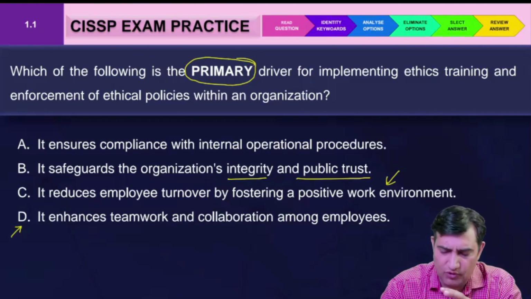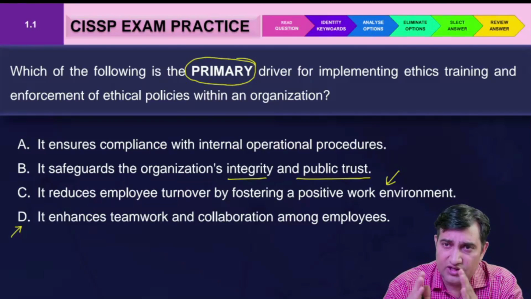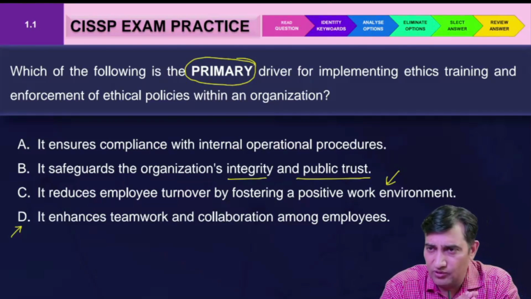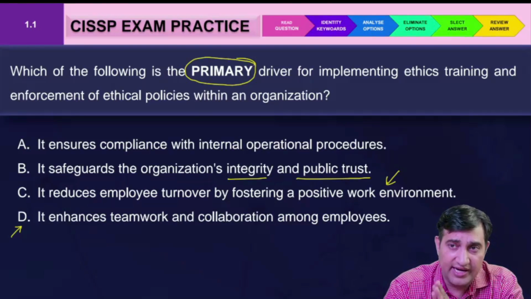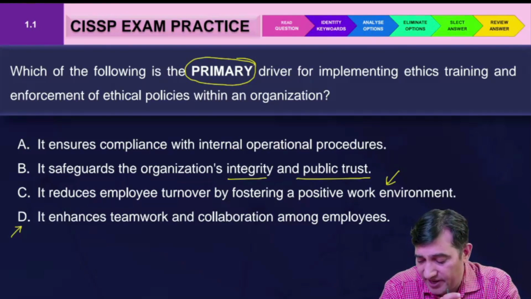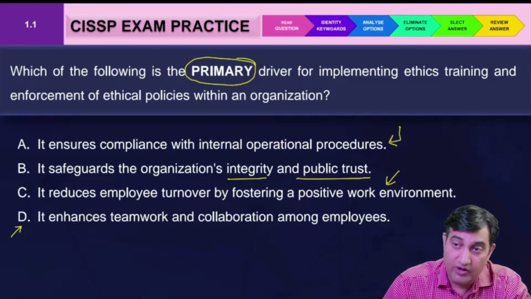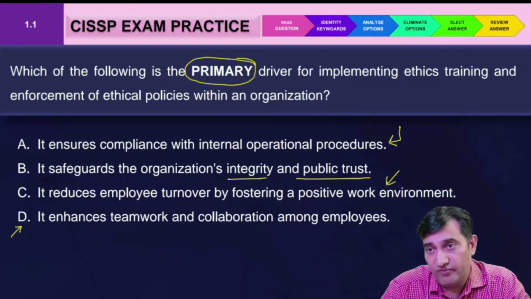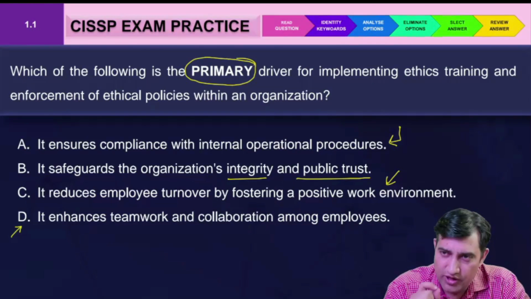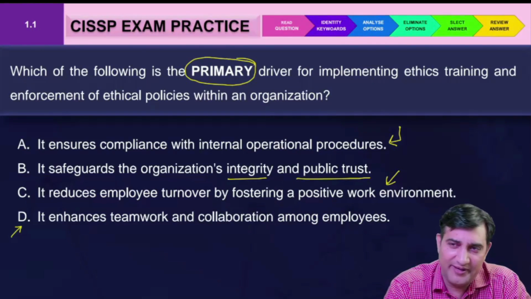So the broad objective of having ethics is to make sure your internal integrity and external integrity are always maintained. Option A says it ensures compliance with internal organizational processes. That is more about compliance. Having ethics will also help it, but we are trying to find the primary thing. So you understood, I think, in this question, the relevance of having the word primary.